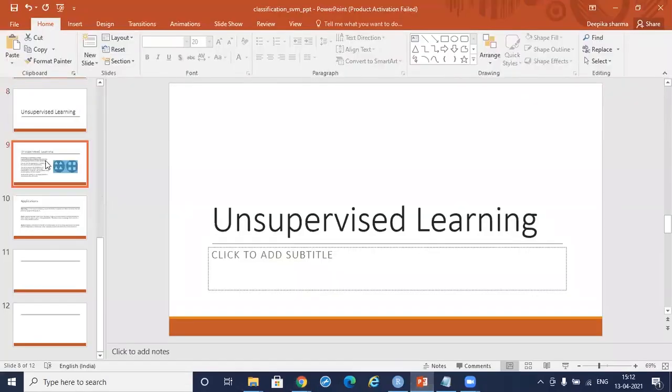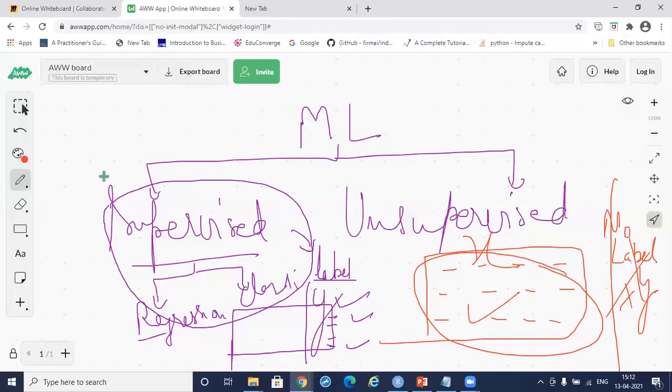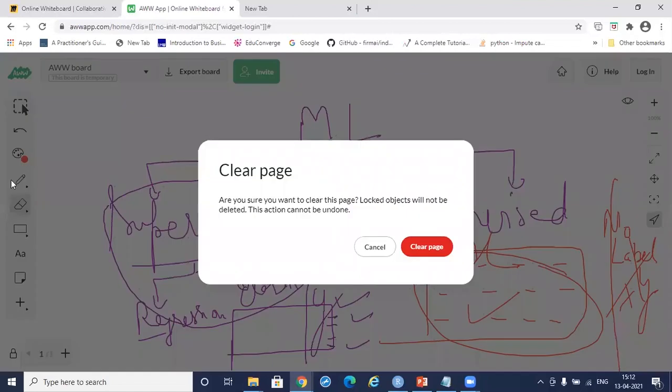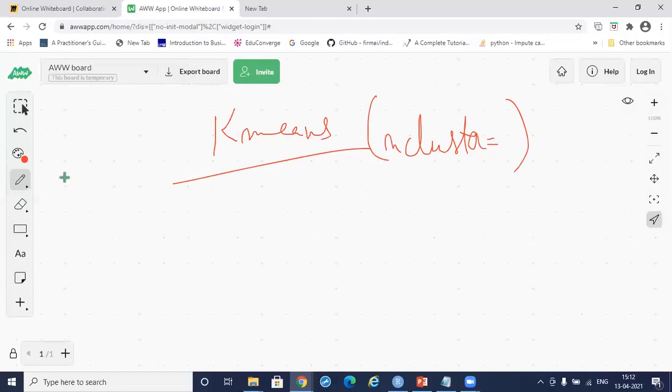Let's say, unsupervised learning. When we work with it, how does the algorithm work? There is a basic algorithm here, the K-means algorithm, which needs n_clusters. N cluster means the number of clusters. It will start making the number of clusters in the data set.